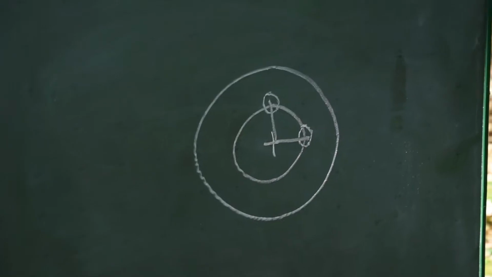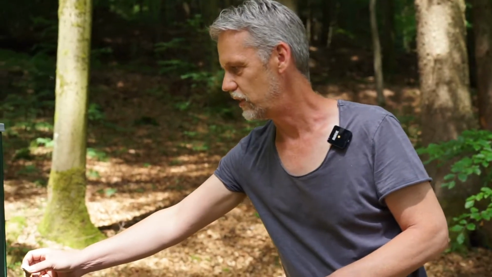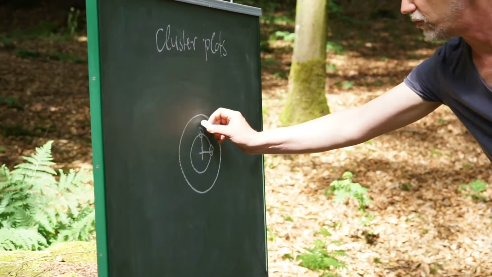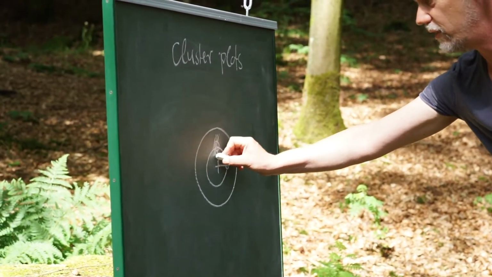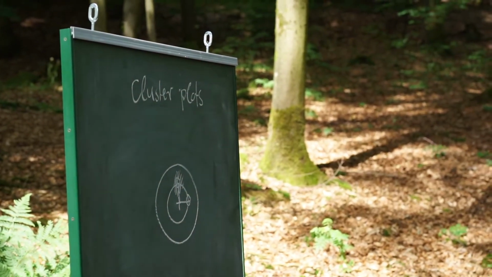Such a cluster plot enables us to capture more of the spatial variability inside each single observation. And this will likely make our observations from different plots more similar to each other, and it will likely increase the precision. If you look on this picture here, you can imagine that there might be a very high density of regeneration here and a very low density here.